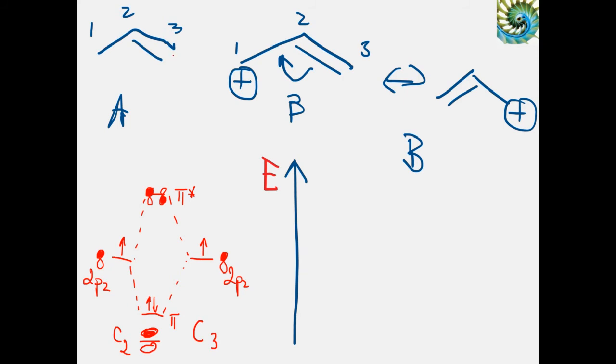If you want to show the full molecular orbital diagram for carbon number 3, you would also have to show 3 different sigma bonds there. There is a sigma bond between carbon 2 and 3, and there are also 2 sigma bonds between carbon 3 and 2 hydrogens that are not shown on the structure, because this is the line angle formula. So the total number of bonds will be 4, because carbon forms 4 bonds. It doesn't matter if it's a double, triple, or single bond. Yeah, show those 3 sigma bonds.